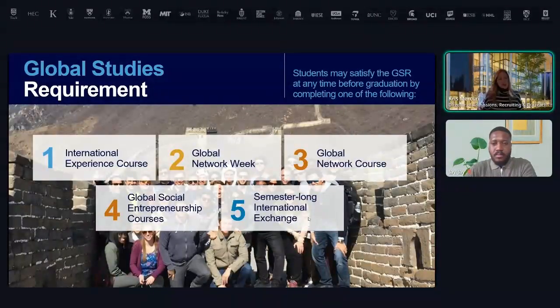So if you look at number 2, Global Network Week, what that offering is you can go to one of our 31 other partner schools on 6 different continents, and you can take a 1-week class in their business school with a global cohort, right? And they're teaching something that's in their wheelhouse, right? Something that for example, Fudan teaches doing business in China. That's the course they often offer.